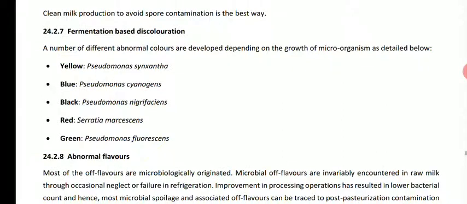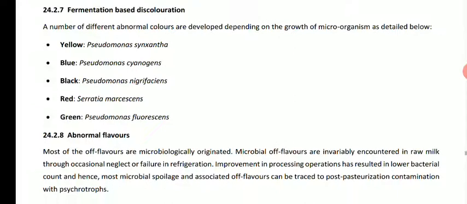Then fermentation-based discoloration. A number of different abnormal colors develop depending upon the growth of microorganisms, and they are listed below. Yellow fermentation is caused by Pseudomonas synxantha. Then blue color is caused by Pseudomonas cyanogenes. Then black color is caused by Pseudomonas nigrifaciens.